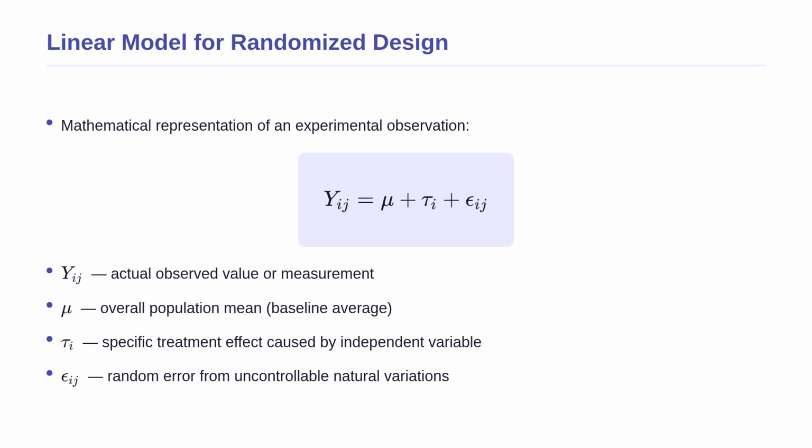Tau represents the specific treatment effect caused by our independent variable, like the fertilizer. Finally, epsilon represents random error, accounting for natural, uncontrollable variations between individual subjects in the real world. If the treatment effect is large compared to this random error, we can confidently conclude our experiment was successful.